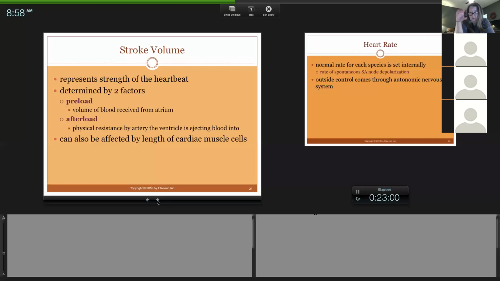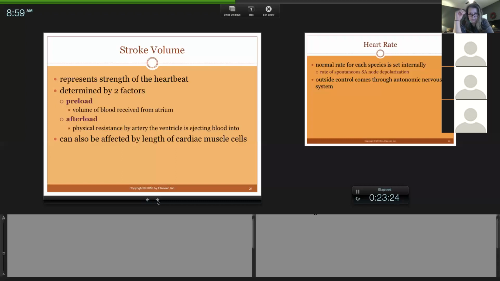If this artery is this size, and then all of a sudden it's narrowed to this size, that's going to affect something called afterload. If I gave everybody a Slurpee straw, one of those really big straws, and I say, okay, blow up this balloon.